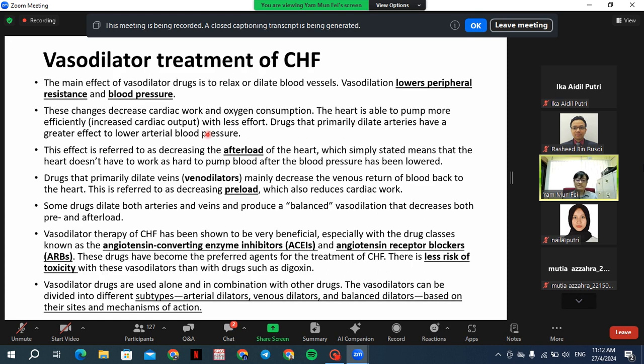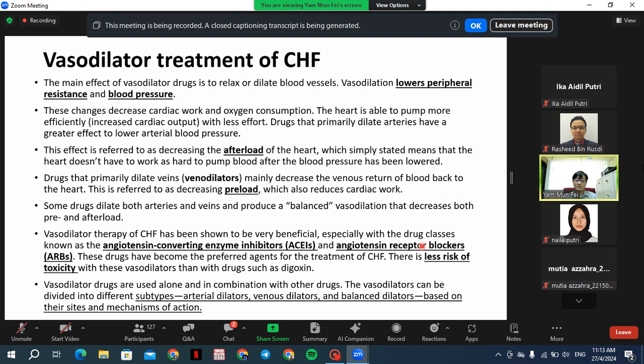So the second drug that normally will be used is vasodilator. You can select those that act on afterload or those that act on preload, doesn't matter. If you want a balanced effect on afterload and preload, then you can select ACE inhibitors and ARBs.